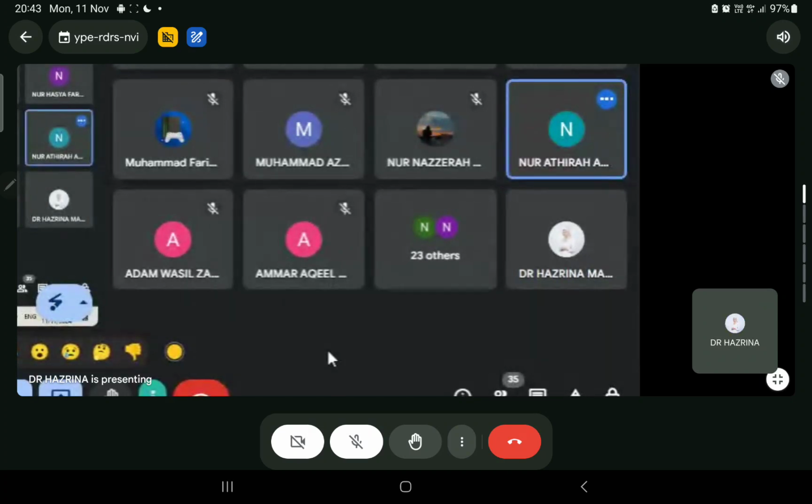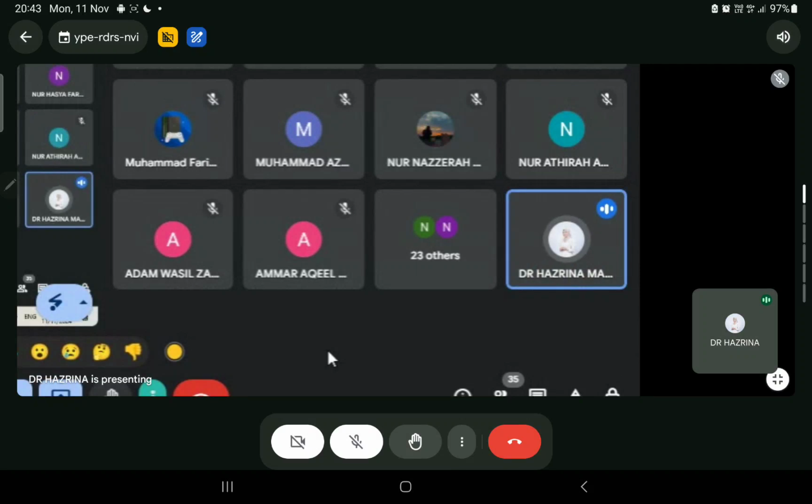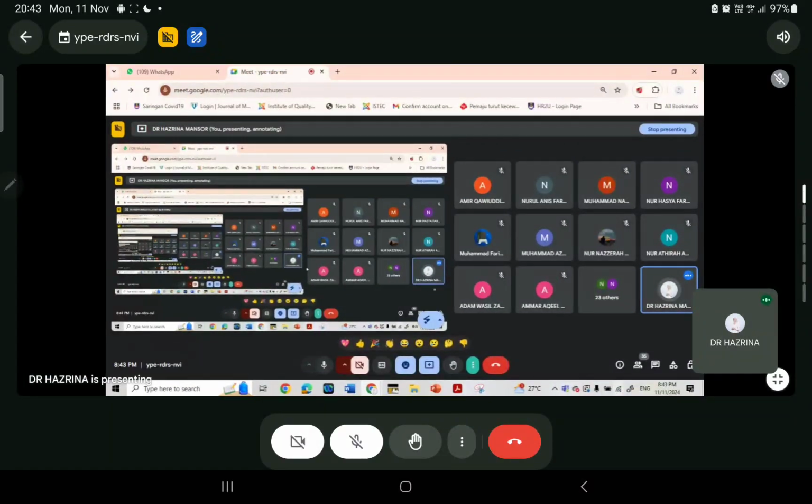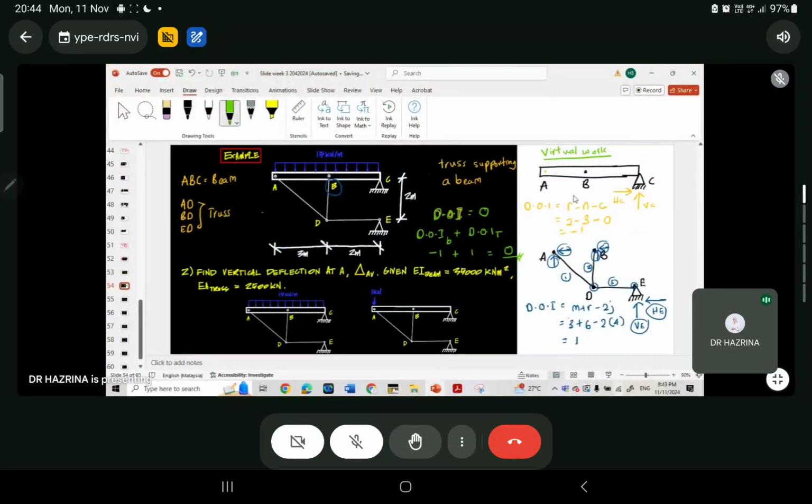Di mana, betul, thank you. Di mana you boleh solvekan reaction forces hanya dengan menggunakan 3 equilibrium equations. And for your information, untuk virtual structures, they are actually adalah determinate structures. So in this case, this is how you calculate the degree of indeterminacy untuk composite structure.